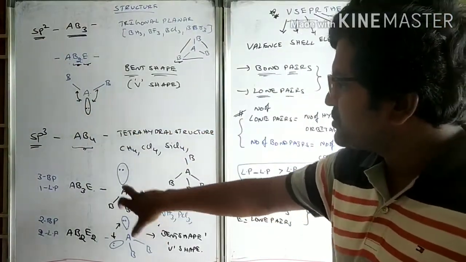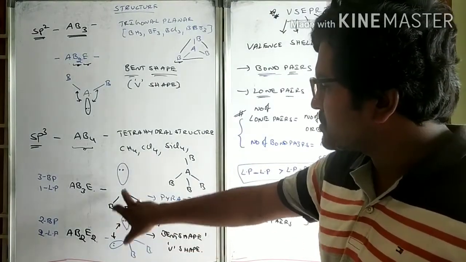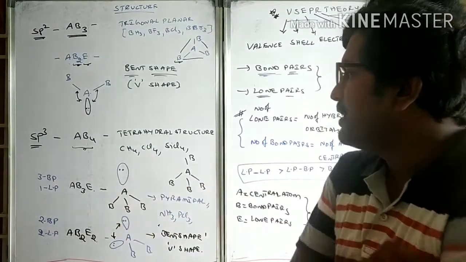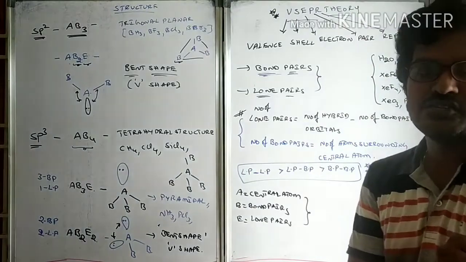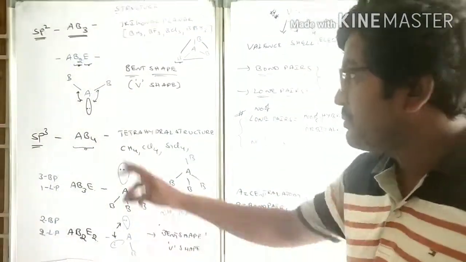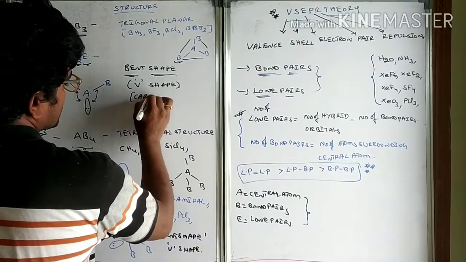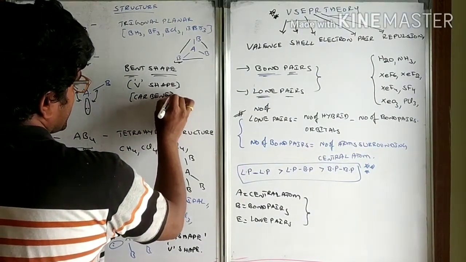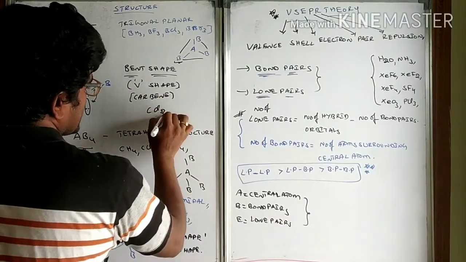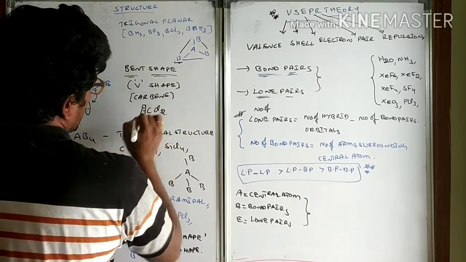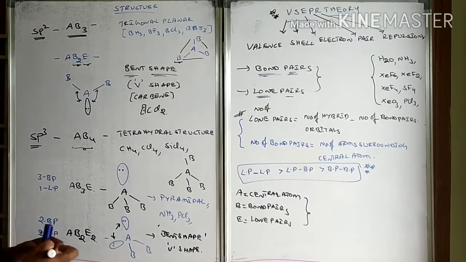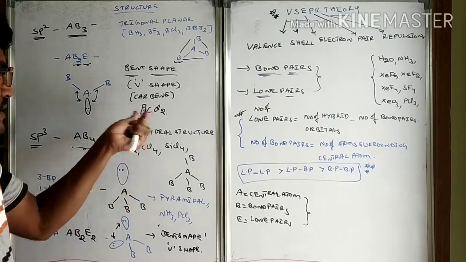But in the tetrahedral case, definitely you have to remove the axial position, then only it will be possible. The best example for this is carbene, CCl2 with a lone pair.